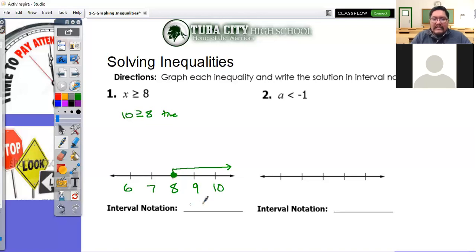All right, so using interval notation, let's go ahead and put it in. Starting from the left, coming to the right, the first number we meet under the line is going to be 8. Now this one is included, so I'm going to put 8 with a square bracket. And this goes on and on to infinity. If I ask you to pick a number greater than 8, you could pick something like 9 or 10, or you could pick something like 50, 100, 1,000, 1,000,000.